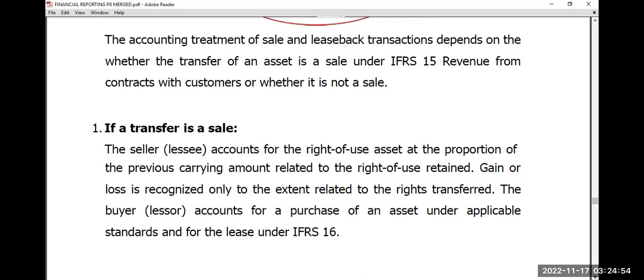The first scenario: if it is actually a sale, you have given up the ownership of the asset to another person. Now the seller becomes the lessee and accounts for a right-of-use asset.